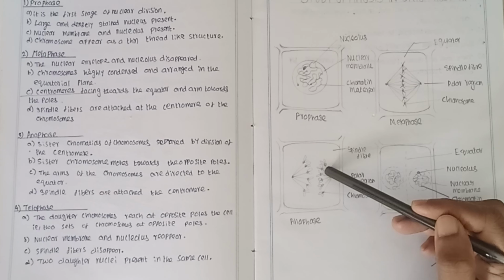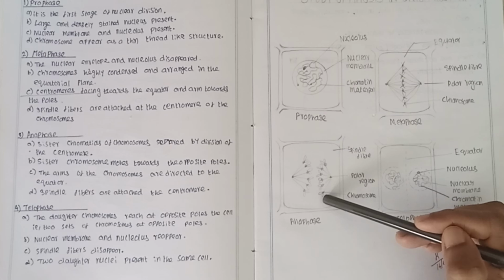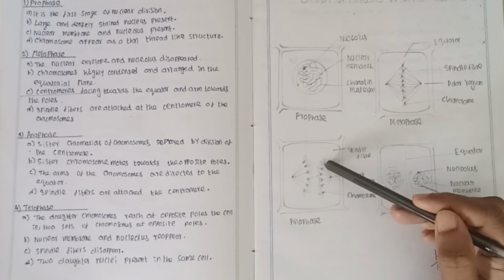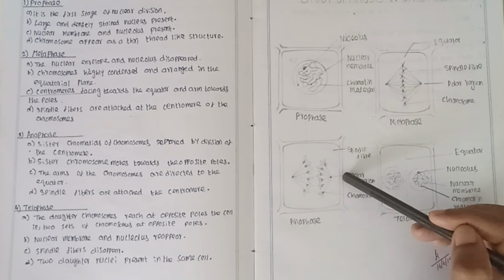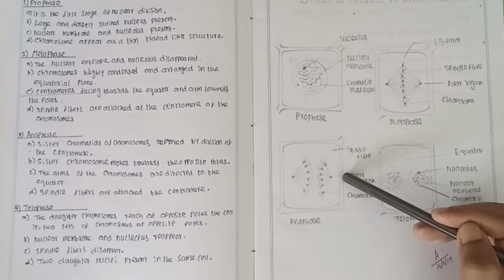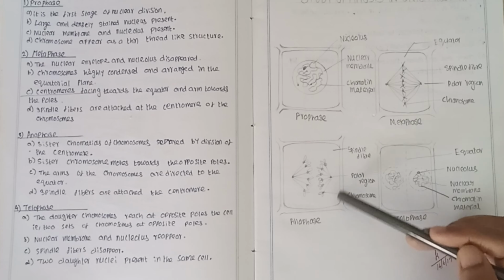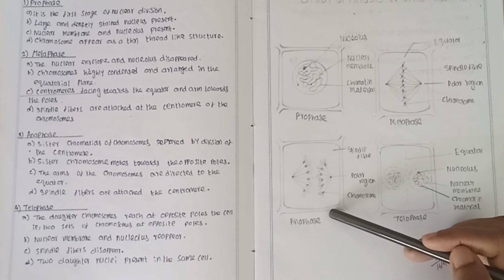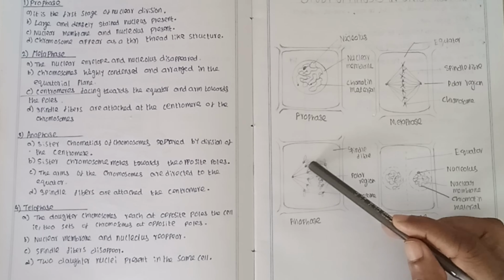The spindle fibers contract and pull the centromeres of the chromosomes to the opposite poles. As the chromosomes are pulled by the spindle fibers by their centromeres, they look like V, J or I shape depending on the position of the centromere. Here we can see the V shape.